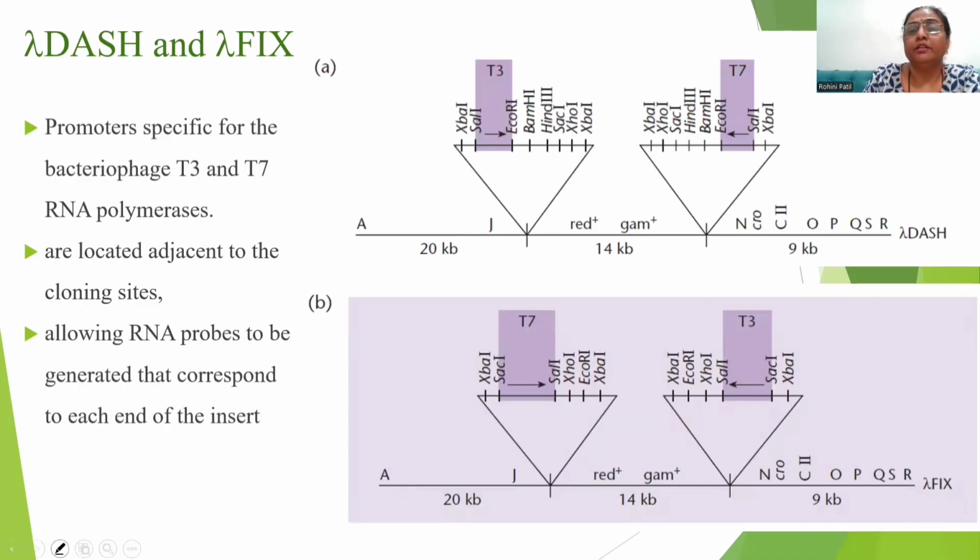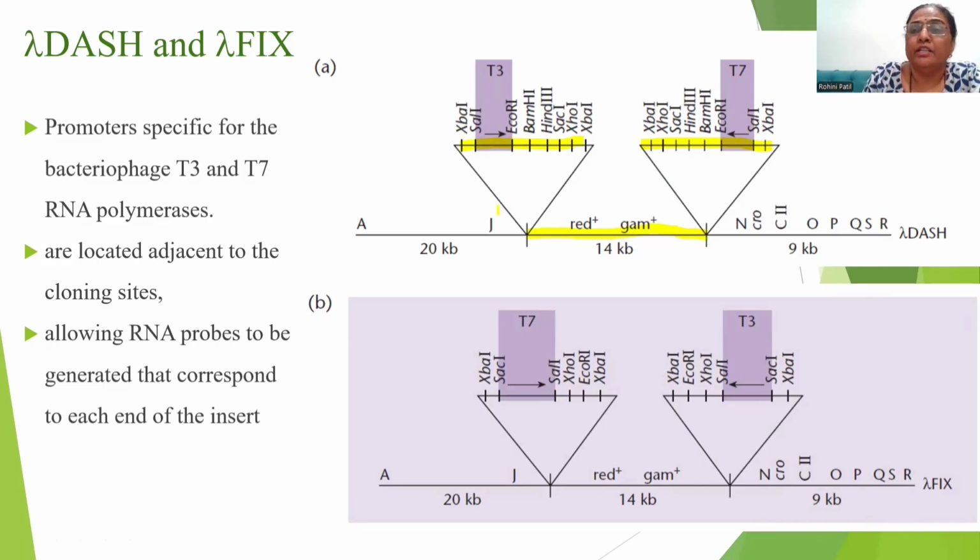Now here is a map of the lambda dash, and you can see these are the multiple cloning sites. And here is the stuffer fragment, and this stuffer fragment consists of the red and GAM genes.